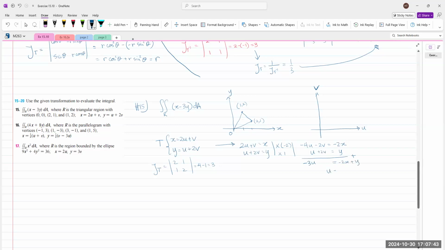So u equals 2 over 3 x minus 1/3 y. If I want to find the phi, I will kill the u. I multiply this by 1 and multiply this by negative 2.